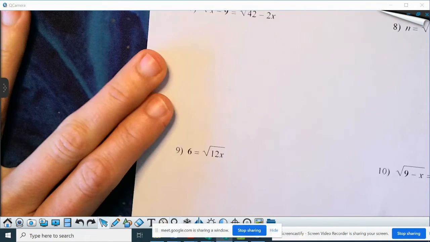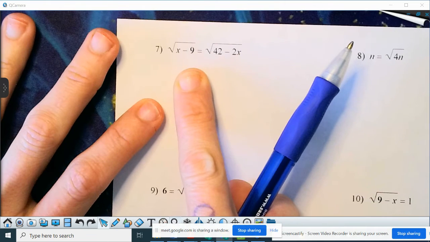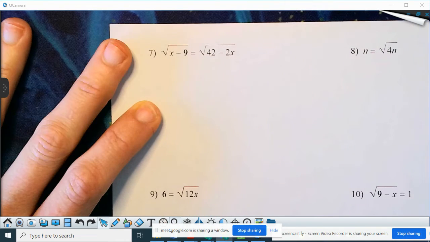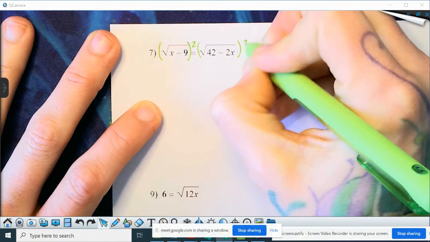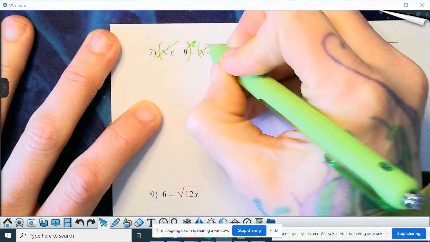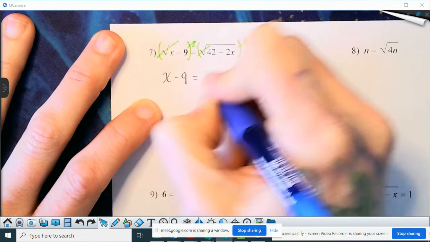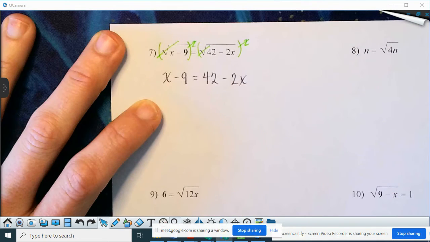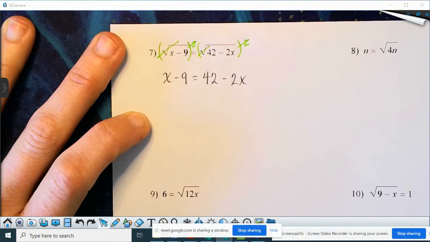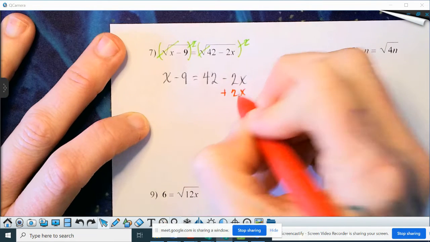So again, number 7, it just has 2 root bars, but don't panic. Like I said, in my opinion, they're my favorite because they just undo each other. And we get down to some basic equations that just happen to have variables and whole numbers or constants on both sides. So x minus 9, 42 minus 2x. We get our x's to one side and our whole numbers to the other. I like to work towards the positive x, so I'm going to add 2x and move it this way.